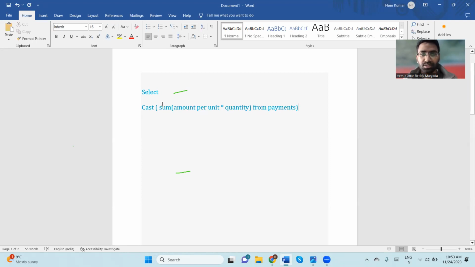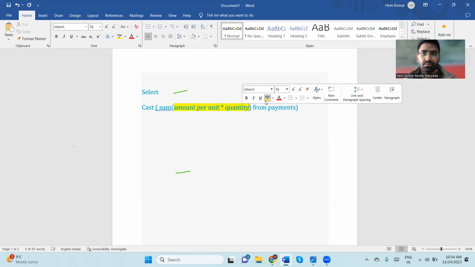This is the numerator, where you're multiplying amount into quantity, and then it becomes revenue. And you're summing all the revenues.